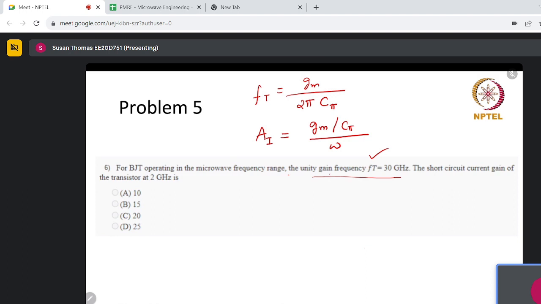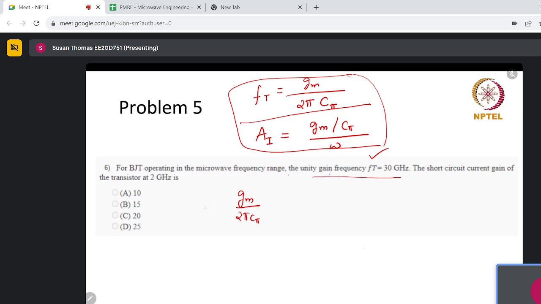If you know these expressions, this question is very simple to solve. The unity gain frequency FT is gm by 2 pi C pi, which is equal to 30 gigahertz.